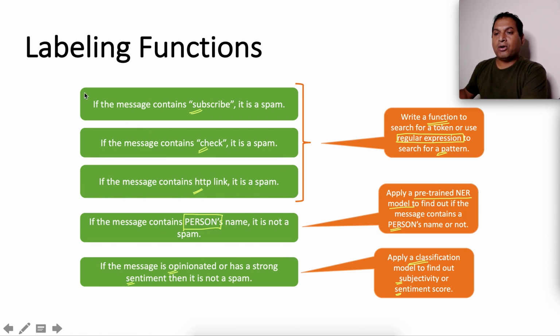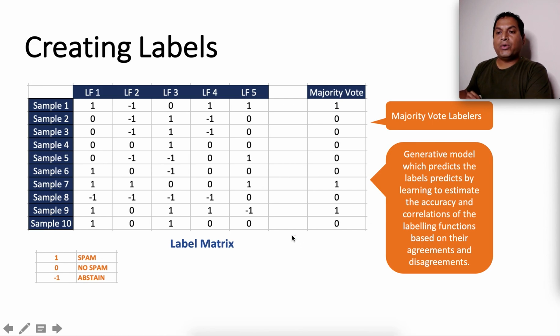And then all this we can write as separate labeling functions like LF1, LF2, LF3, LF4, LF5, or probably some more, a set of labeling functions which we can then collectively apply on each of the messages.